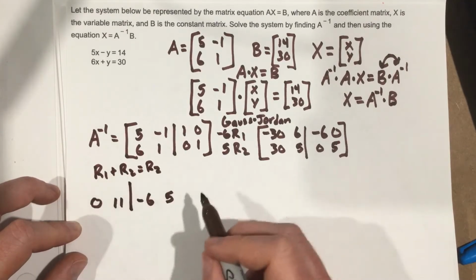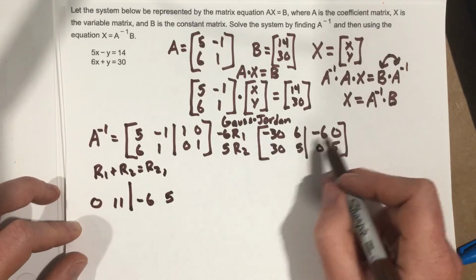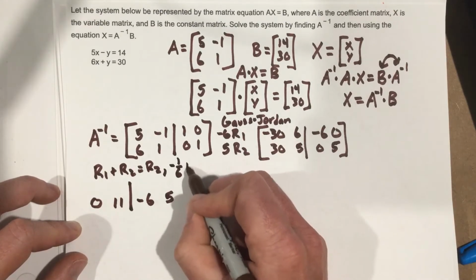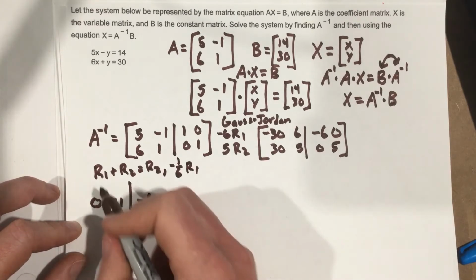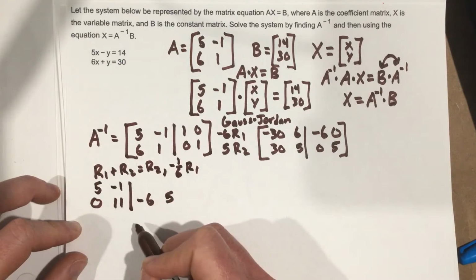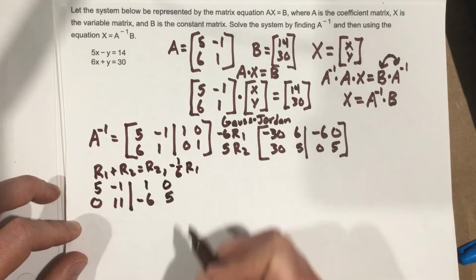And then actually at the same time then, I'm going to take this back to what it was originally. I'm going to multiply it by -1/6 R1. So we end up going back to 5, -1, 1, 0.